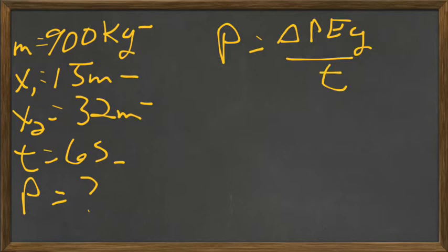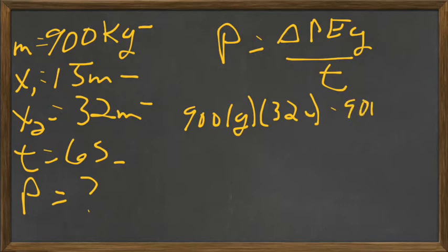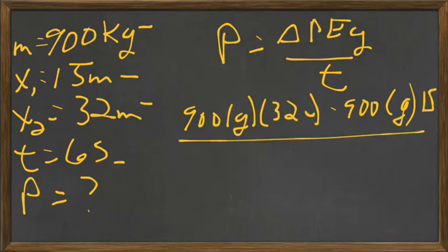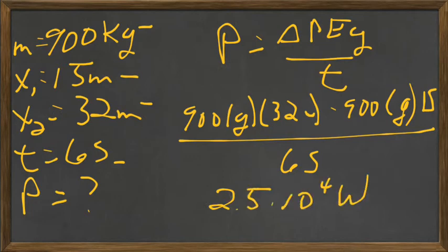For my change of gravitational potential energy, I would have my mass, 900 kilograms times gravity times the second height of 32 meters minus 900 kilograms times g times the initial height of 15, divided by my 6 seconds, and I wind up getting 2.5 times 10 to the 4th watts, or 25 kilowatts.